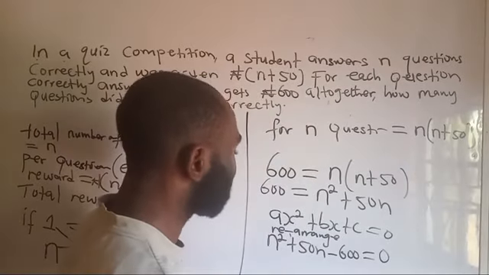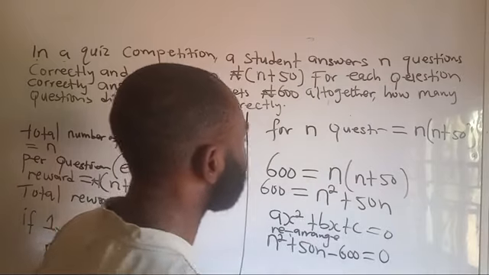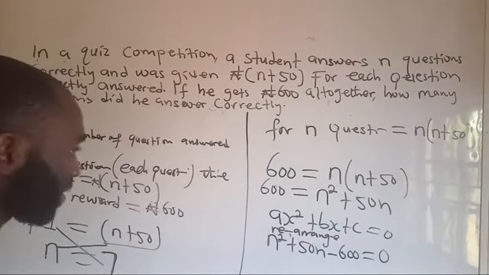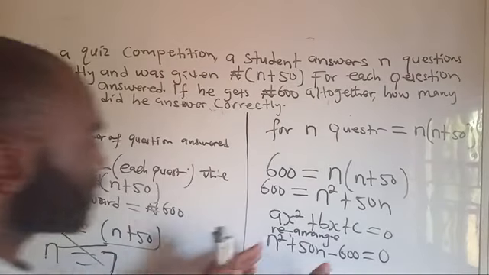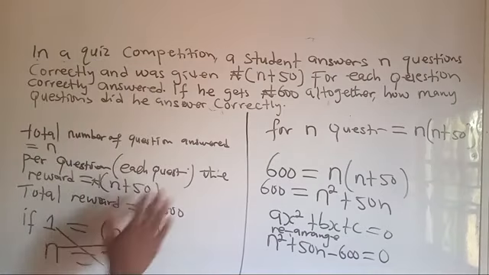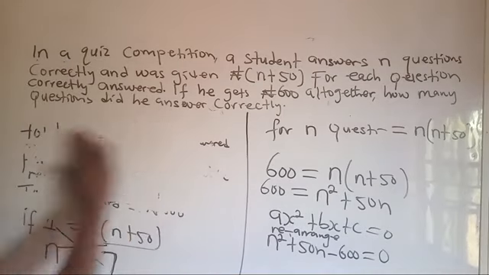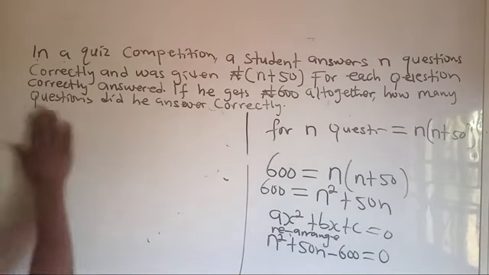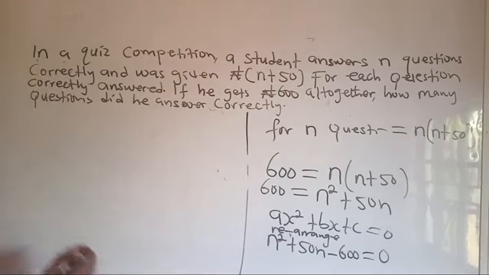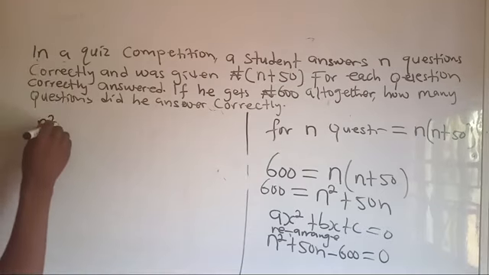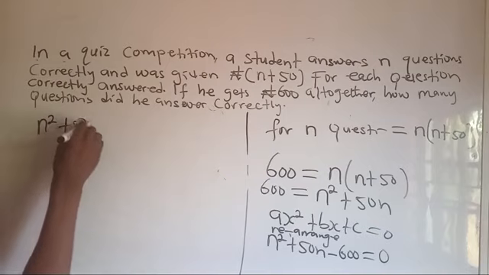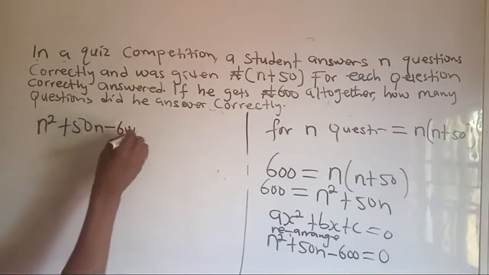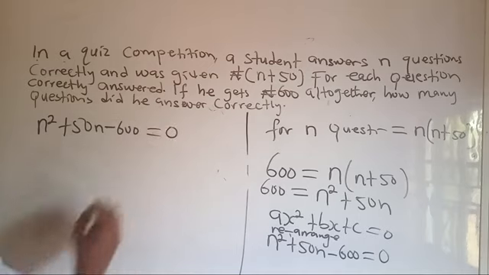In other words, you can just say subtract 600 from both sides of the equation. But this is what will now form the equation. So let's continue here. So now we have n square plus 50n minus 600 is equal to 0.